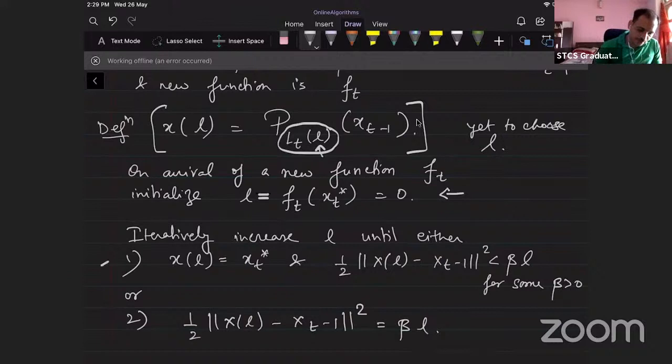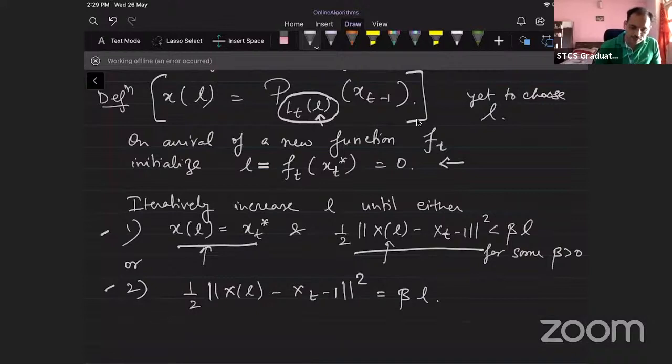Possibly I cannot satisfy either of the two conditions, so I keep changing L until I hit one of them. The first condition is interesting: x(L) is the x_t*. At the same time, I'm not too far away from my original point. x(L) is my new location and x_{t-1} is the previous location. It is great that my hitting cost is 0, but my movement cost should not be too large. Or otherwise, I will stop as soon as my movement cost equals beta times the hitting cost.